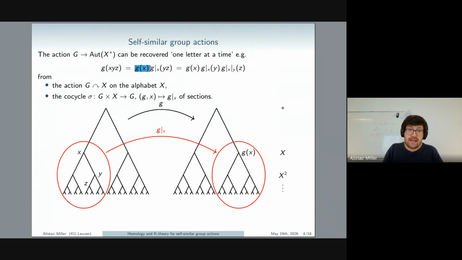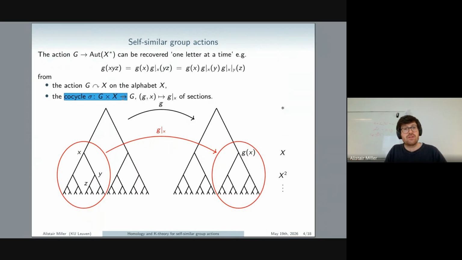Then I push past x, I get the section of g at x. This is a new group element, so now this just acts on the rest of the word, and I repeat. All I have to know is how the group acts on the letters of the alphabet, and what this section is for letters in my alphabet.